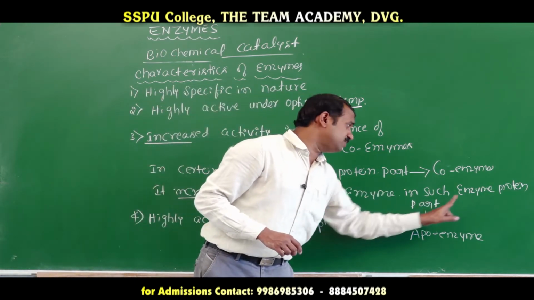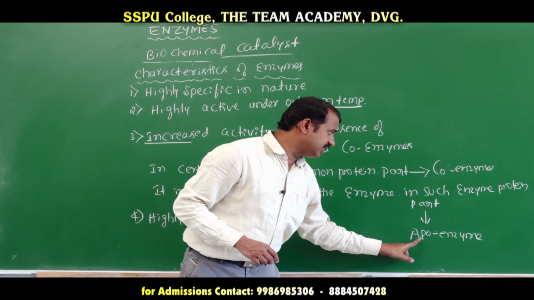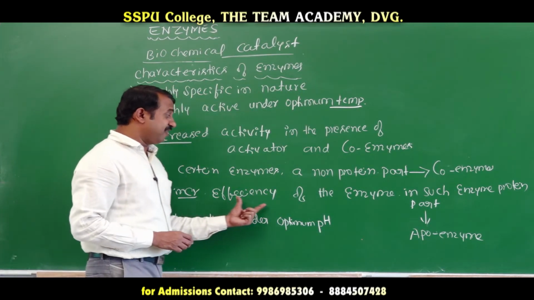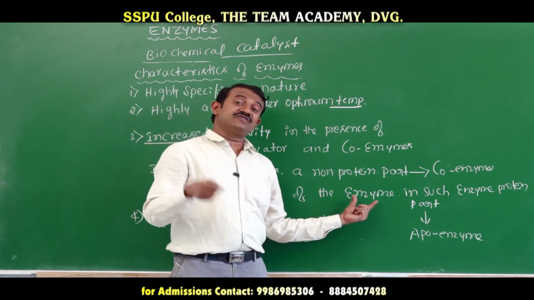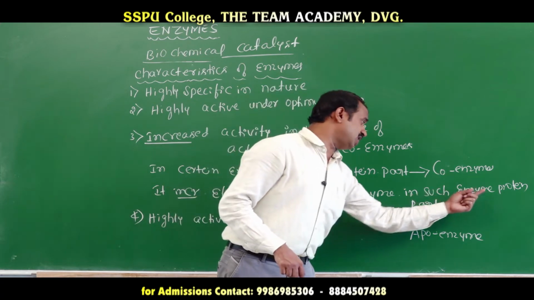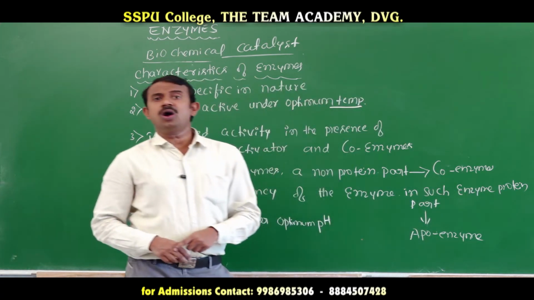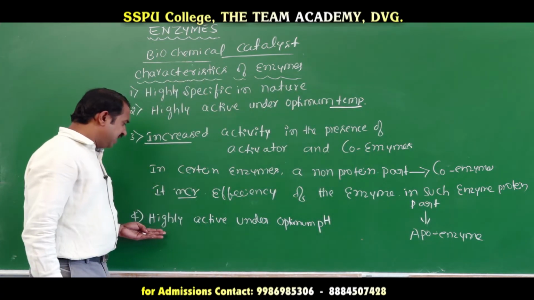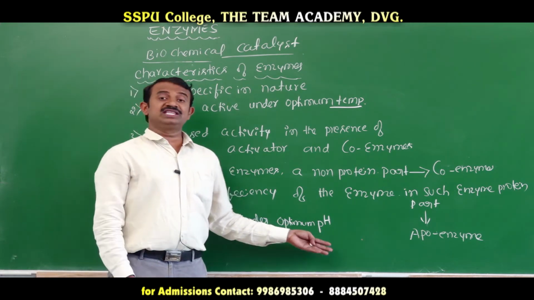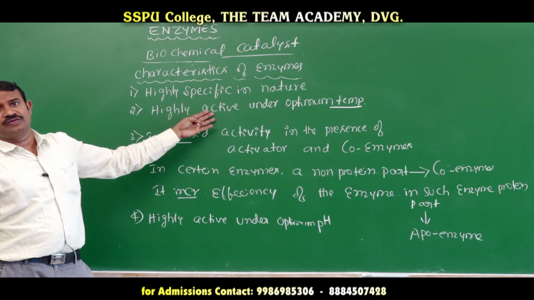In such enzymes, the protein part is called the apoenzyme. If the enzyme is inactive, the coenzyme increases the efficiency. Last, enzymes are highly active under optimum pH. These are all the characteristics of enzymes.